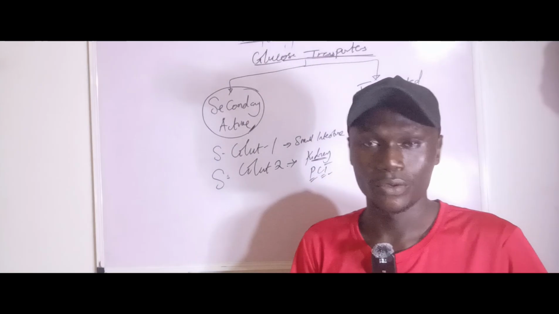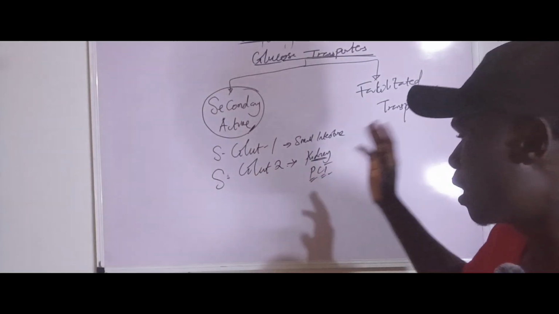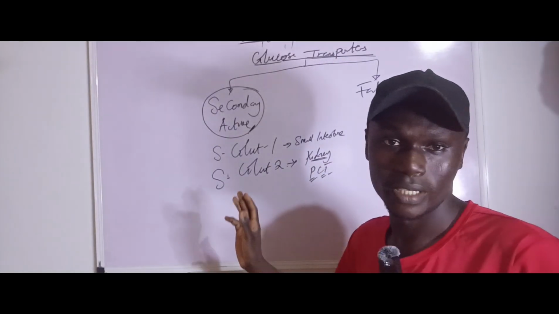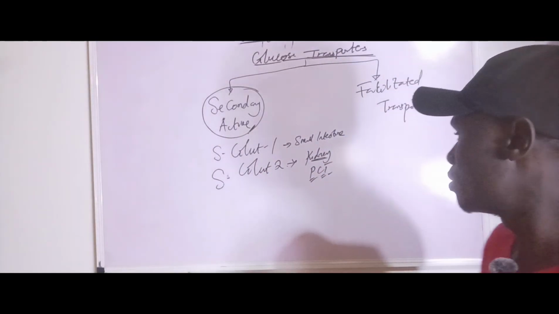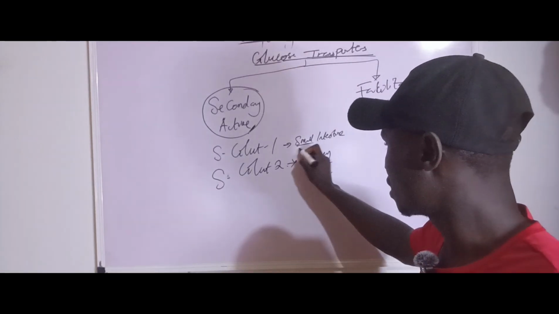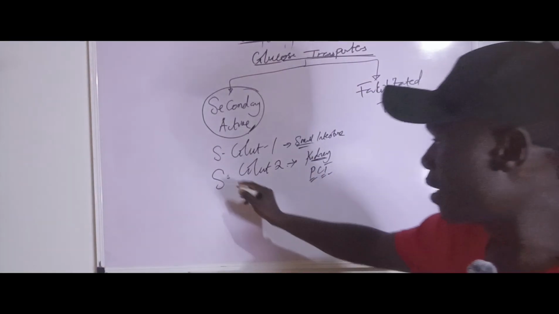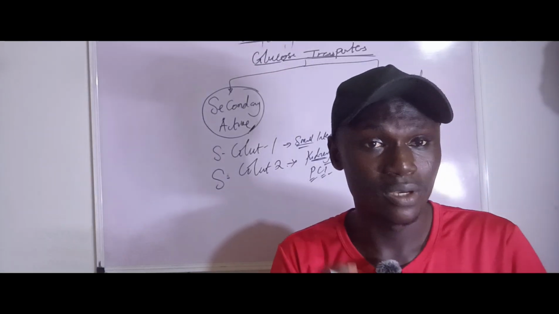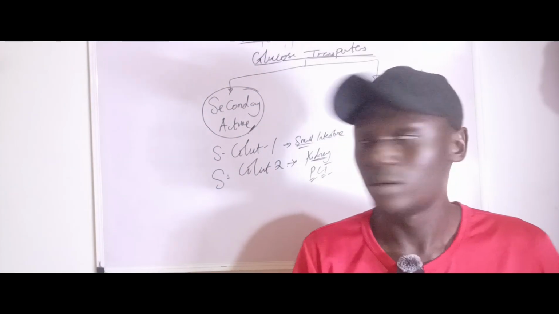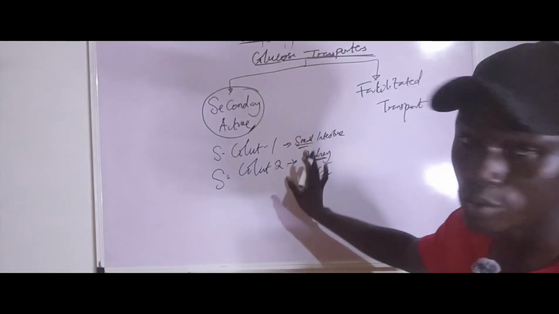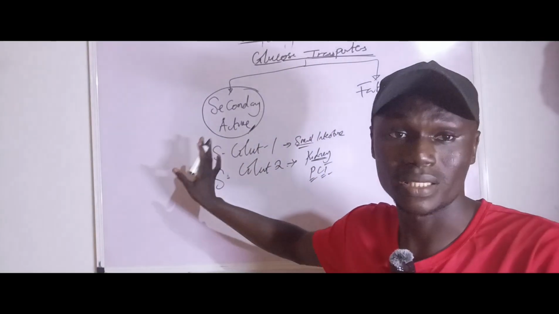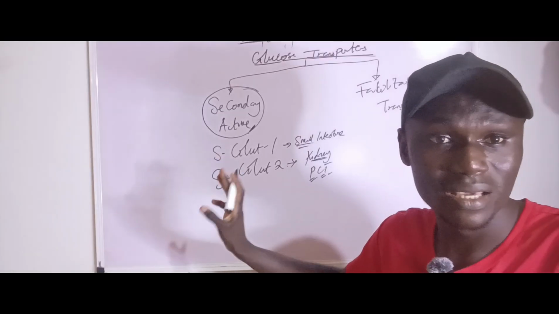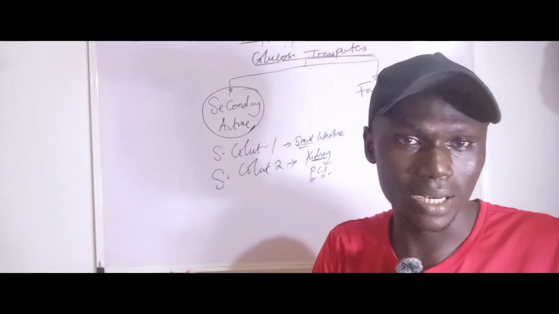Are you there now? Take note of this. S here stands for sodium dependent, so they are sodium dependent glucose transporters. They are secondary active transporters. They depend indirectly on ATP. Is that clear? All right.